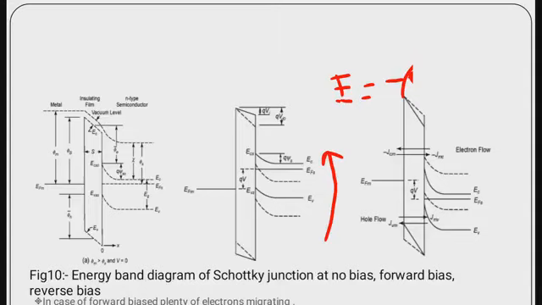But in the case of forward bias, what basically happens?